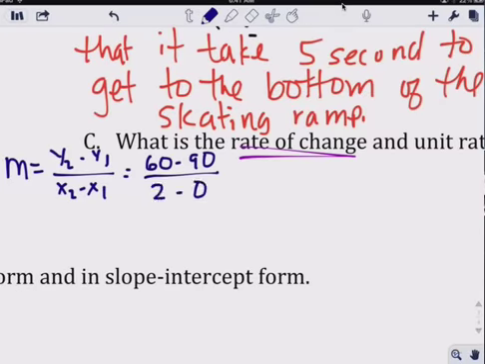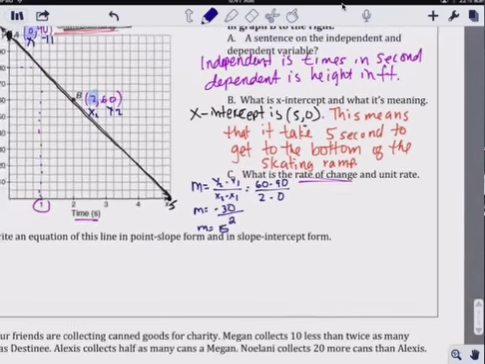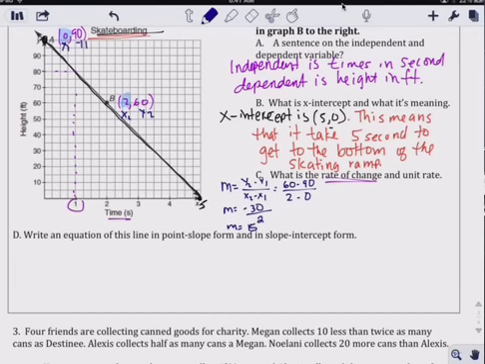So this is negative 70, isn't it? No, negative 30. What am I thinking? M equals negative 30 over 2. So my slope is 15 feet per second. Not 80. 15. What was I thinking?